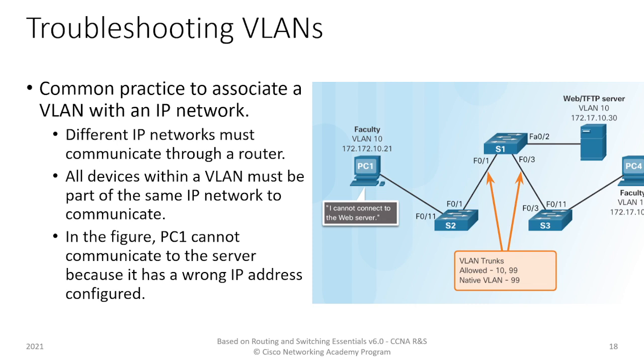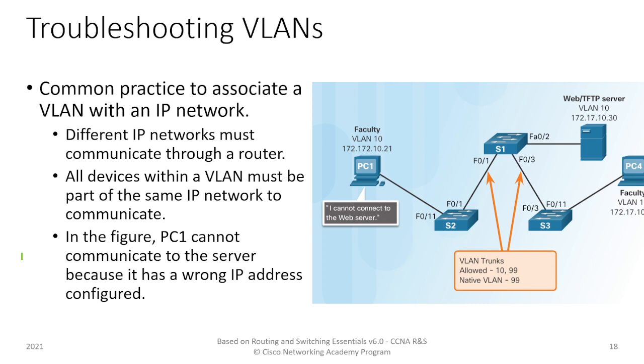So in this case, for example, PC1, the web server and PC4, all of these are in the same VLAN. All of them are in VLAN 10. So they should be configured with IP addresses that belong to the same network.